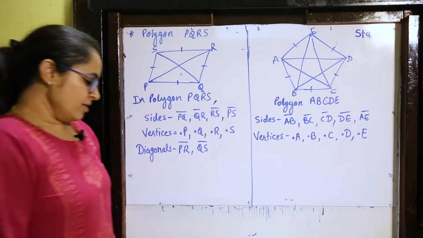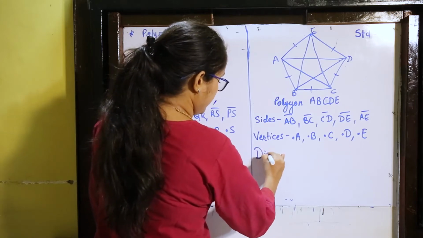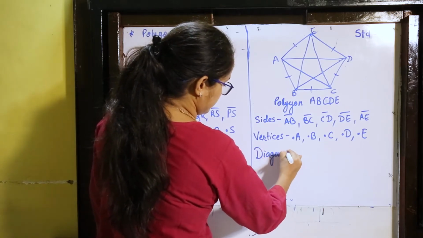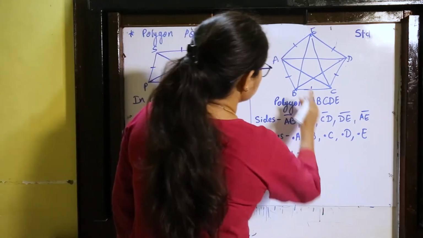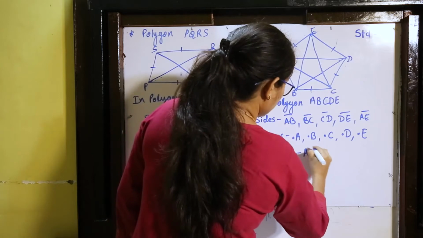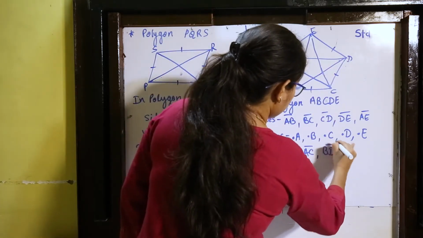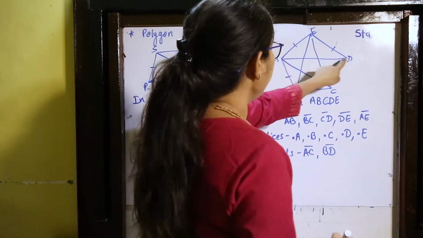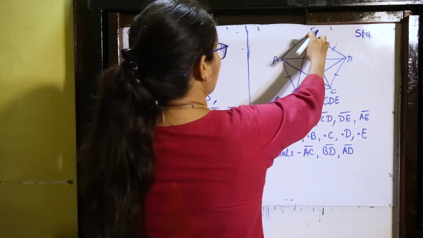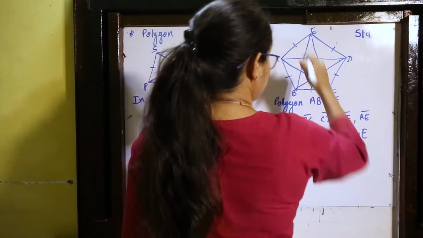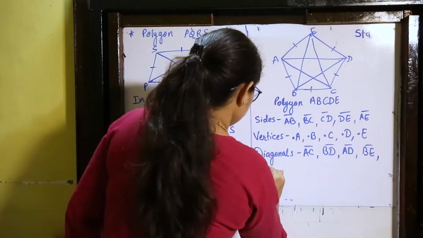Now if I look into the diagonals, we have diagonals AC, BD, then diagonal AD, then diagonals BE and CE.